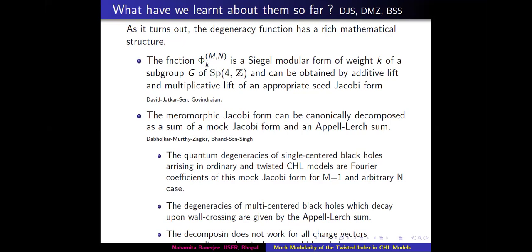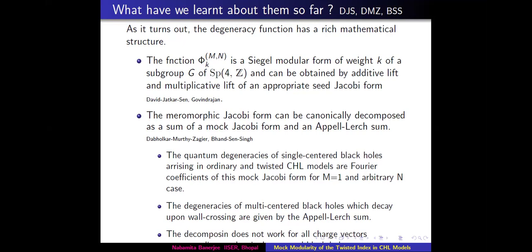So this was known, and I must say that the first time this degeneracy function was constructed, it was from this side only, and then people understood it from the physics side, in the work by Jatkar and Sen, and later David, Jatkar and Sen. So this is really rich in that sense.